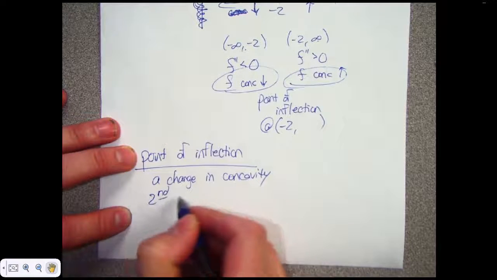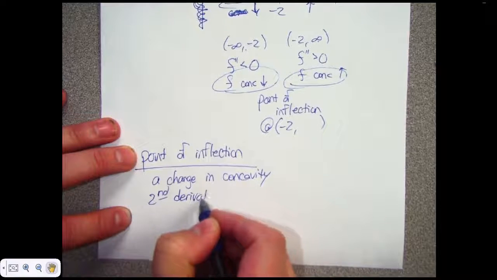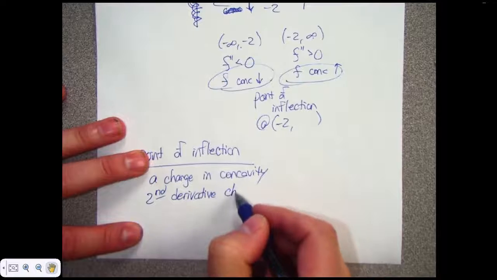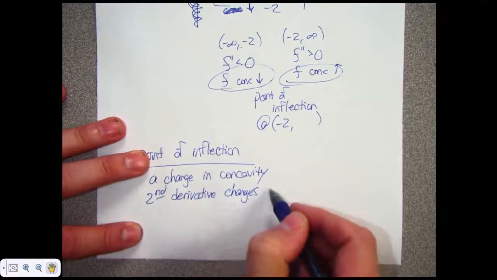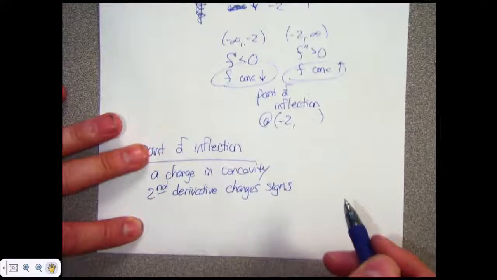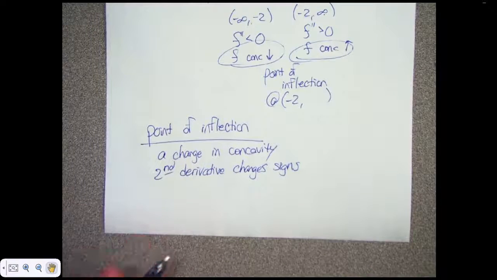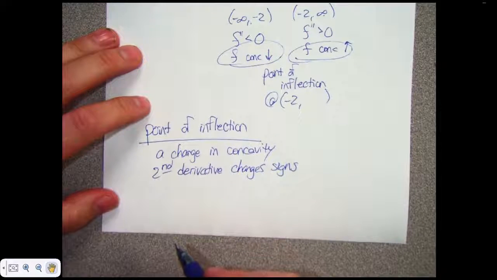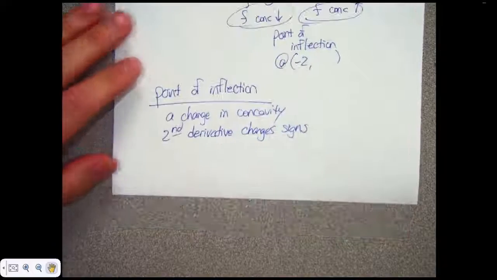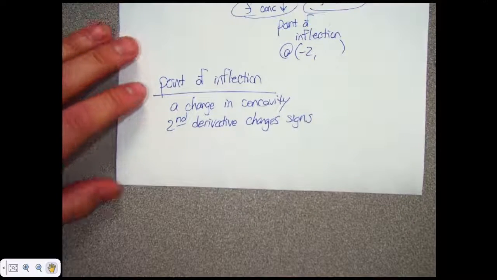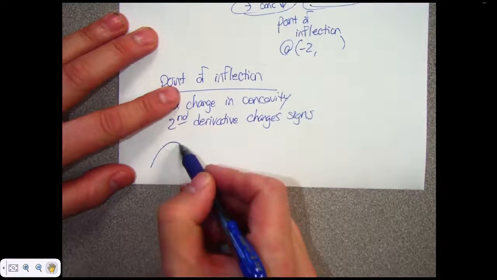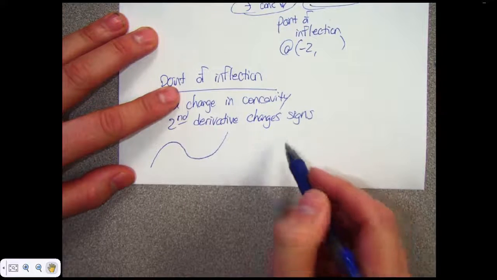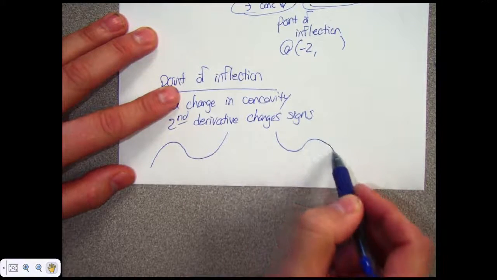So the second derivative changes signs. And what that looks like on the original is something that could look like this, or like this.